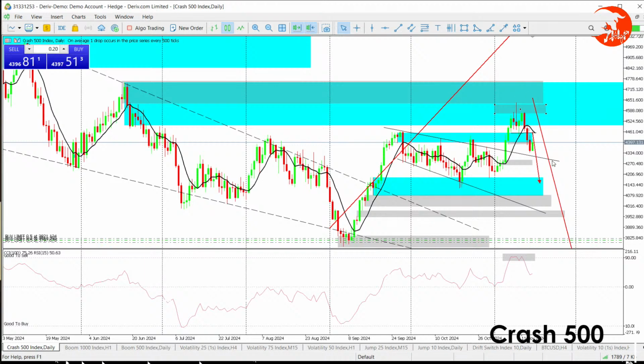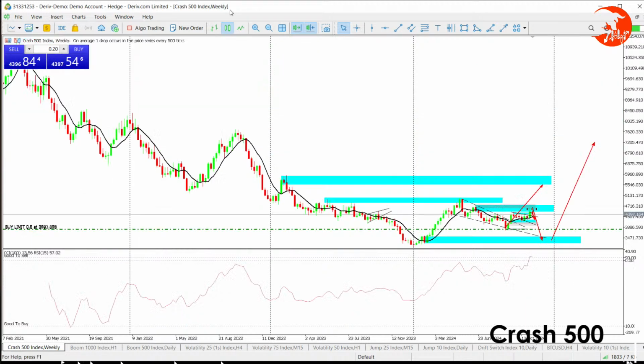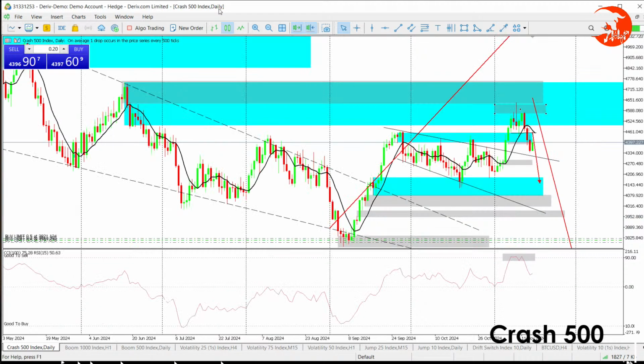So for now, we may anticipate sales on the daily time frame, and even on weekly we shall be looking for sales, as shown by CCI right there.